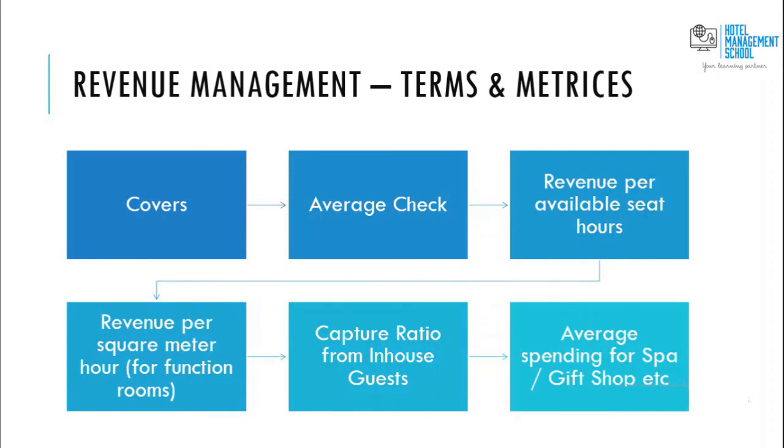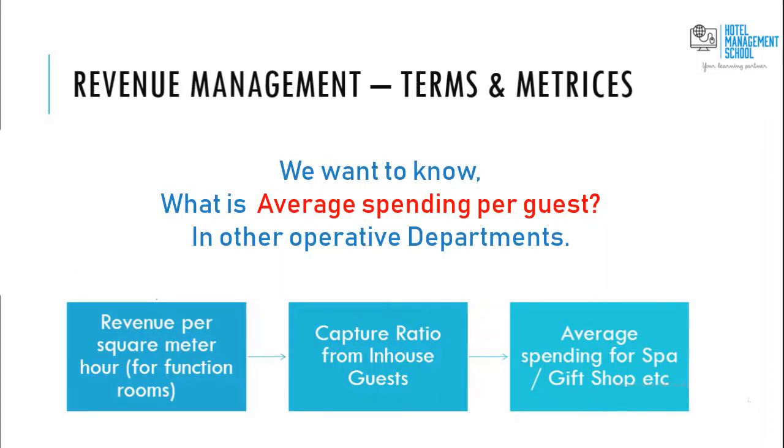Then finally, for other departments, you have average spending per guest. If the spa has 10 guests, how much are they spending? These are the metrics we want to know for doing revenue management. So average spending per guest in the other operating departments: the spa, the gift shop, transportation, other adventure activities.